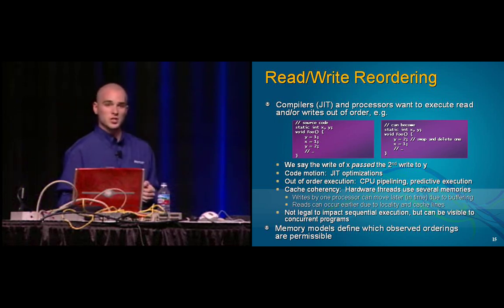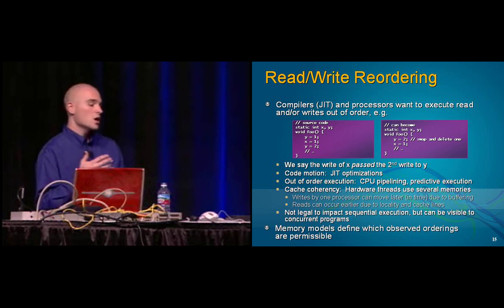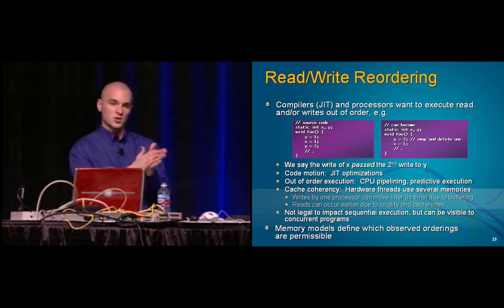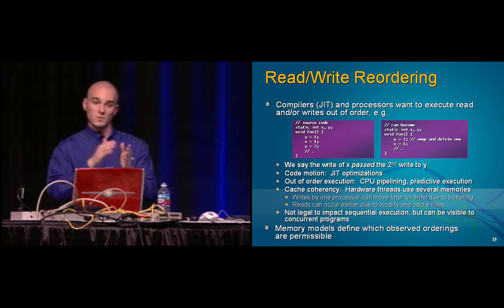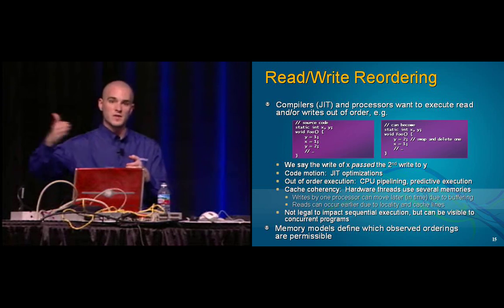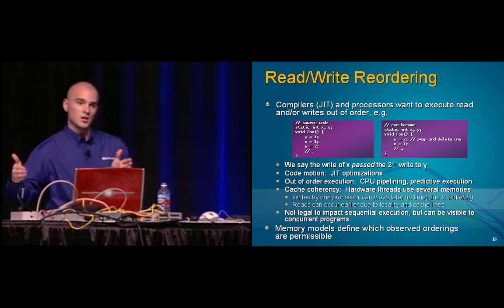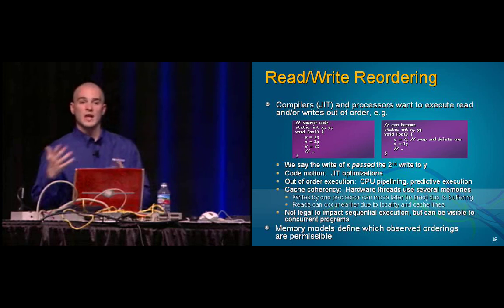It's called code motion. It can happen in subtle ways where CPUs actually execute instructions in a pipeline fashion. They can do predictive execution, like if you're doing a write that's going to take some latency, they may start executing ahead in the instruction stream. And there's a thing called cache coherency.